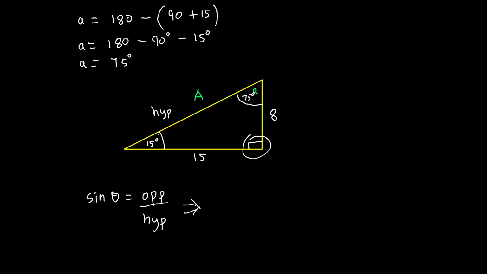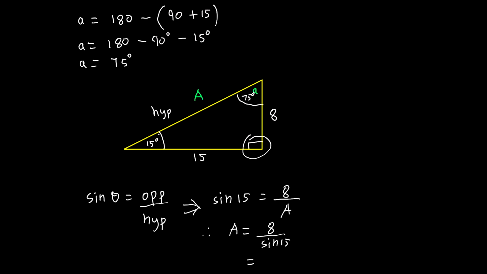Now we're subbing in our values. Sine, and we can use any angle here. So we'll use a smaller one. Sine 15 is equal to, now the opposite of 15 degrees is 8 over A. Now we'll make A the subject of our formula. A is equal to 8 over sine 15.